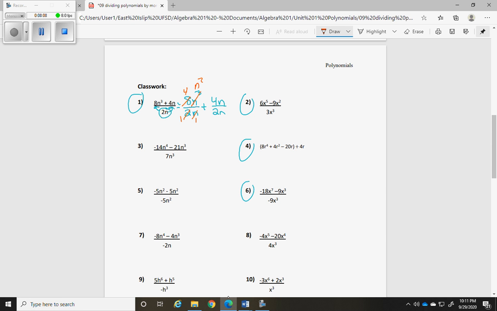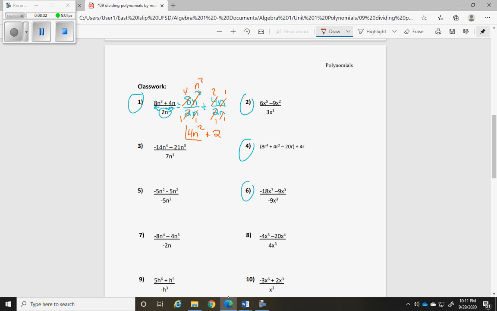If I simplify this next monomial division, 4 over 2 is 2 over 1. N over n is 1 over 1. So now I write down what I have left. I have 4n squared over 1, but you know you don't need denominators of 1 written down, plus 2.